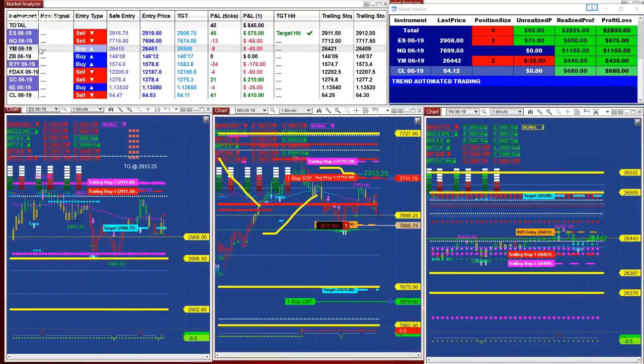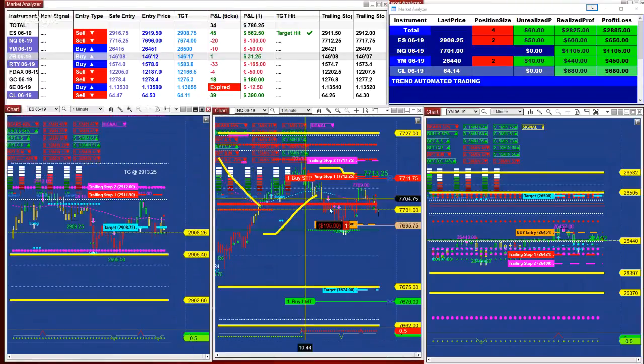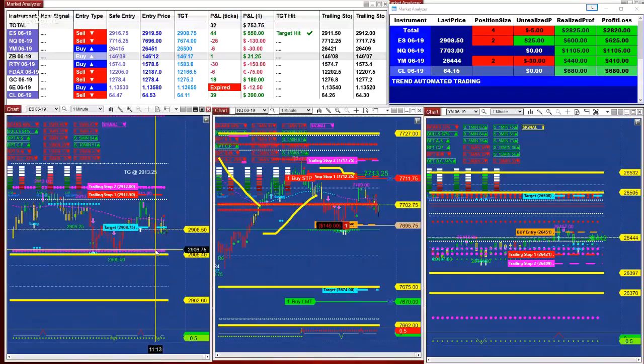Because the 30-year Treasury bond a few seconds ago hit the buy entry. Now I'm expecting this Nasdaq to drop, and I'm expecting the ES to break the 906.75. So let's see what is going to happen here.